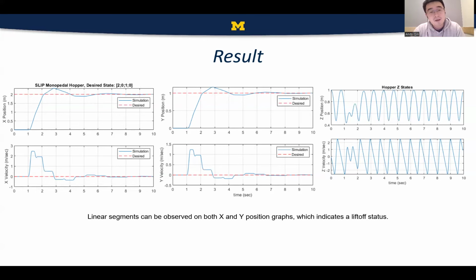But on x and y, you can see that it's converging to the desired state, both on position and velocity. You can also see there are some linear segments on both graphs. That is perfectly normal. As I said before, this just indicates that it is in the liftoff phase, because at that time you can't change anything but the contact angle. So the speed remains, and the position changes linearly.